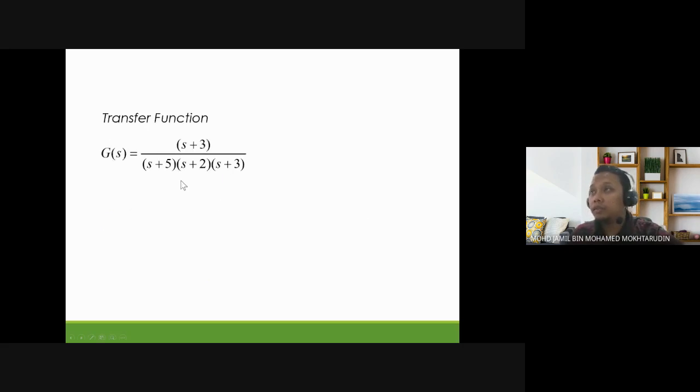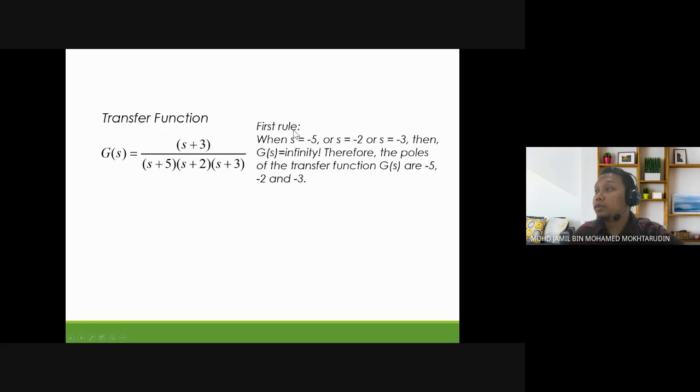Let's say you are given this transfer function, G(s) equals (s plus 3) divided by (s plus 5)(s plus 2)(s plus 3). How to find the poles? Using the first rule, the poles are the values of s that cause the transfer function to become infinity.